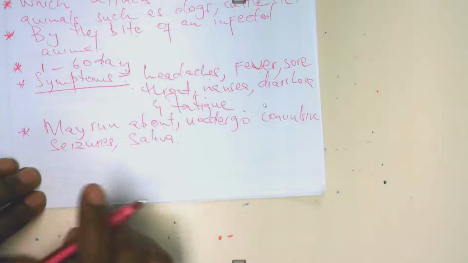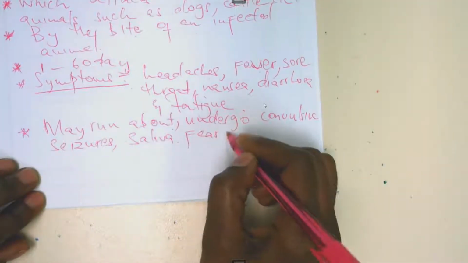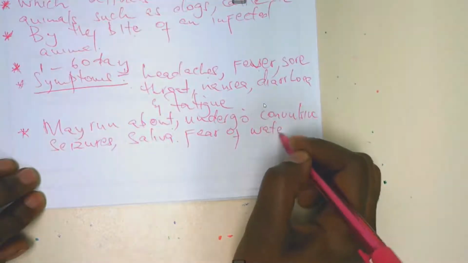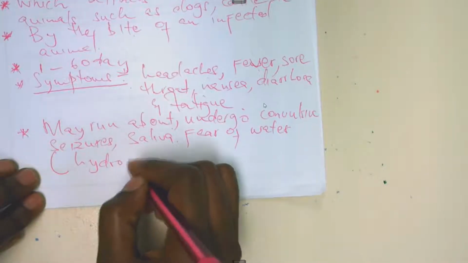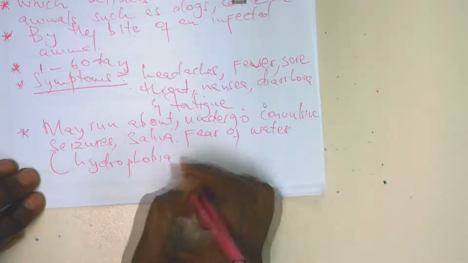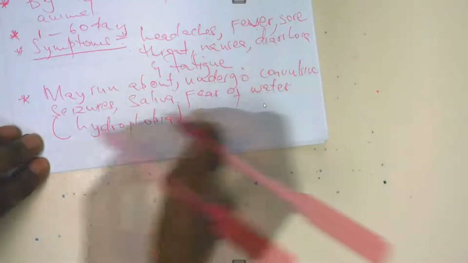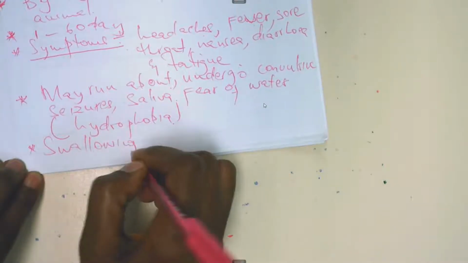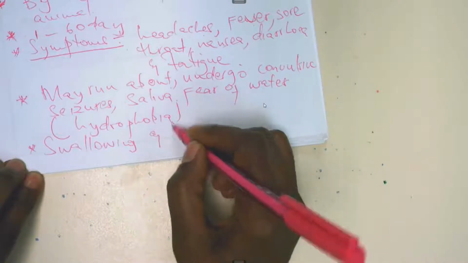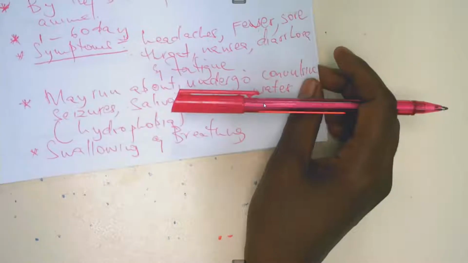They can also show a fear of water, which is normally called hydrophobia. They can also have difficulty in swallowing and breathing. So those are all the symptoms of rabies.